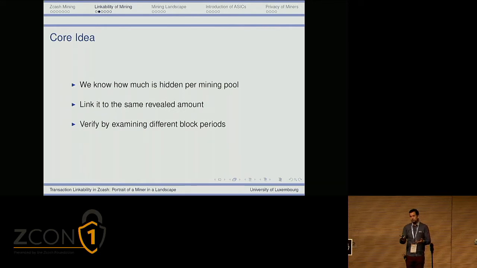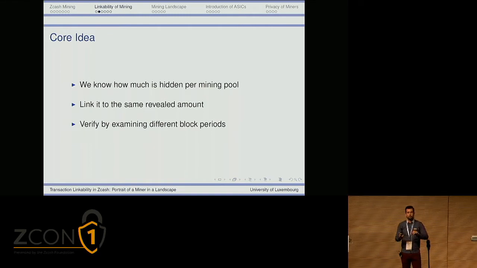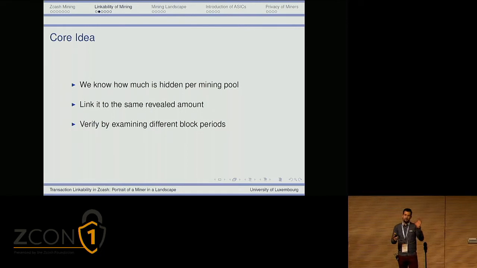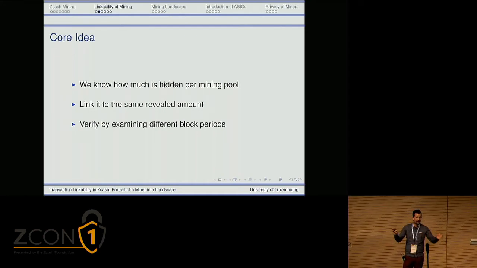But we also know that they have to pay it out to the miners, to public addresses, which means that the same amount that goes into the mining pool has to come out, even if not in the same transaction, but in some way over the same amount of time, the same amount of coins have to be hidden and revealed by the mining pool. So if we can examine different time periods in the chain where we compare these two values, we can try to find this linkability.